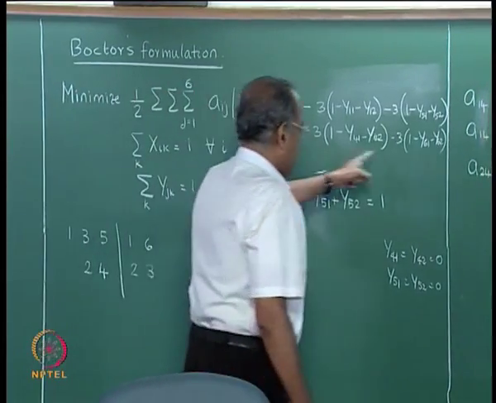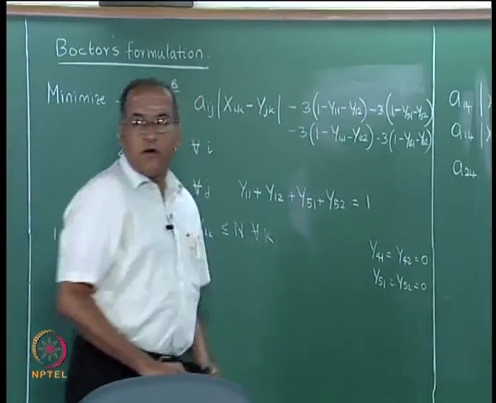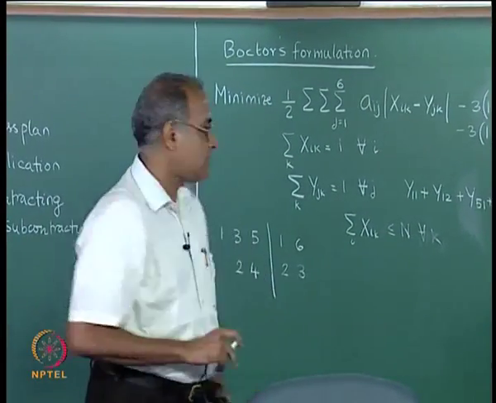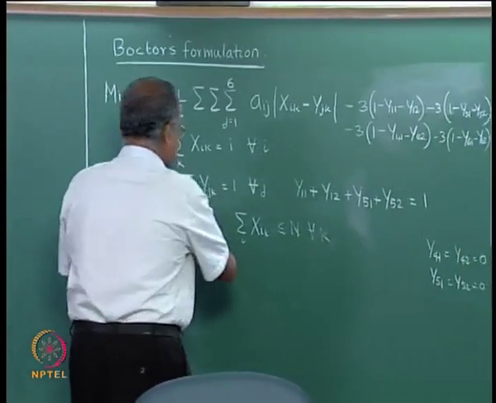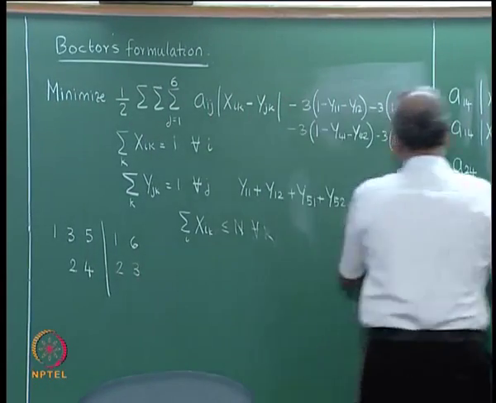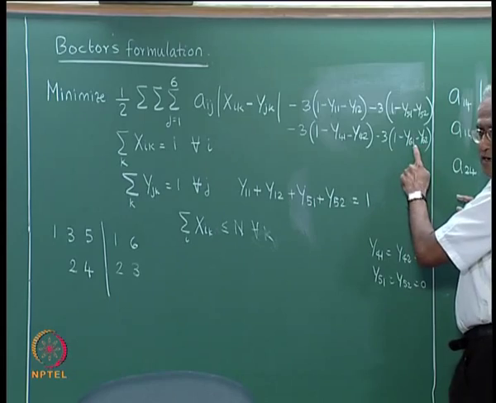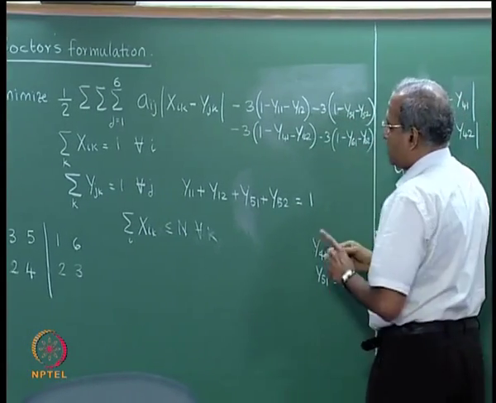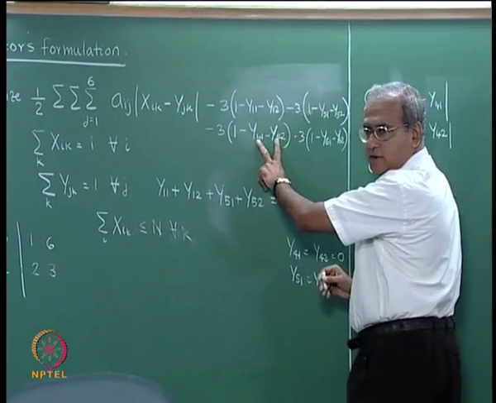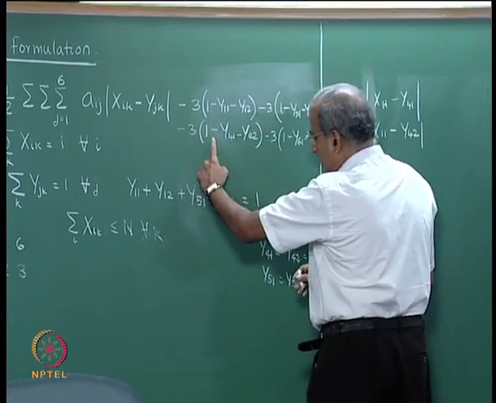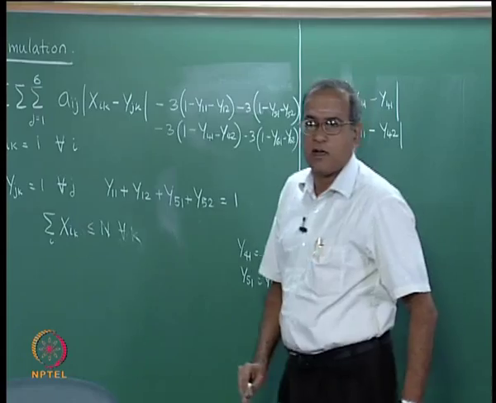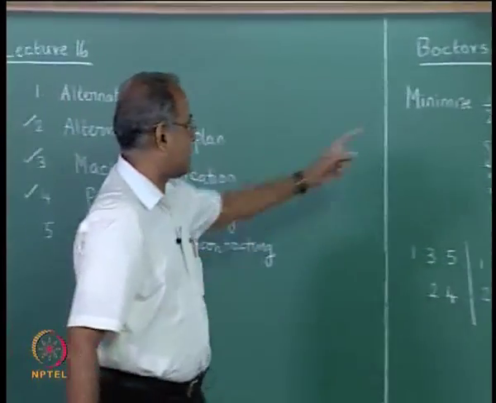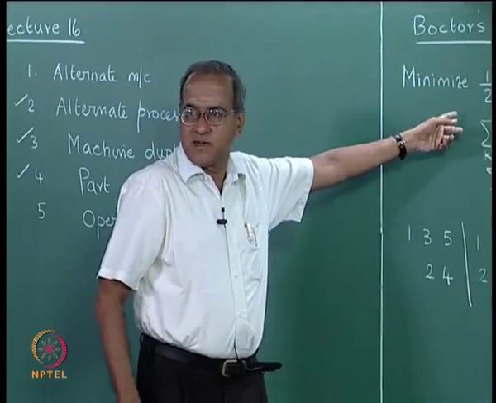Similarly, between process plan 4 and process plan 6, only one of them will be chosen. So in our example 6 is chosen, which means one of these 2 is 1, the other is 0. So this term will be 0, whereas 4 is not chosen, so both are 0. So this will contribute a minus 3, because by not choosing process plan 4, we are actually adding 3 that comes here.